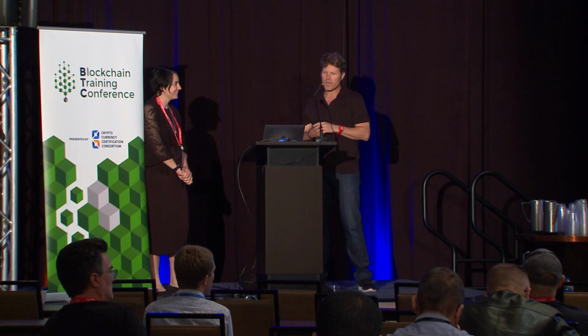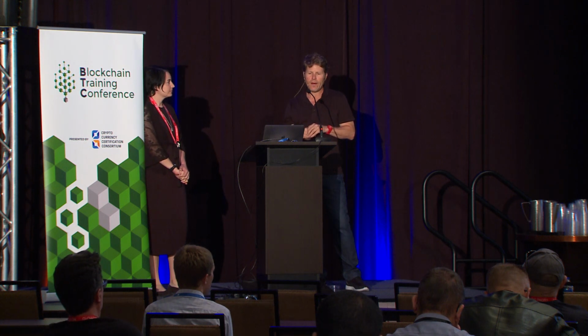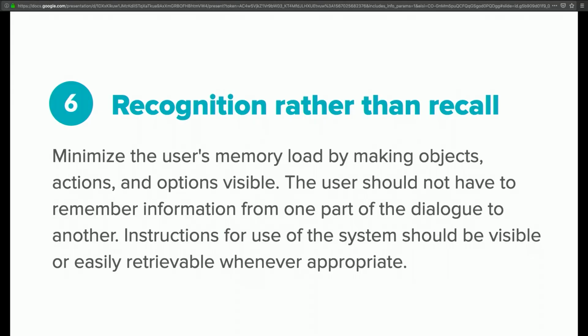Yeah, so recognition rather than recall. Again, this is really an idea about consistency. But there's also when you're hiding things and when you're making things visible on the screen, especially in a task flow where you're entering information in.